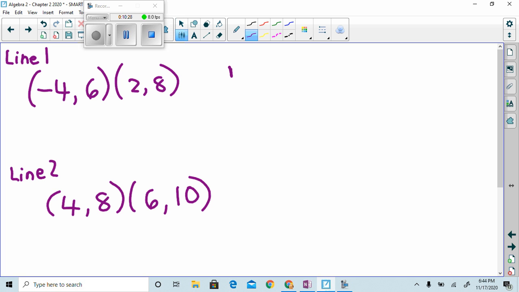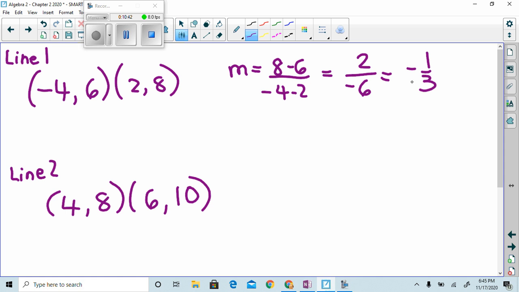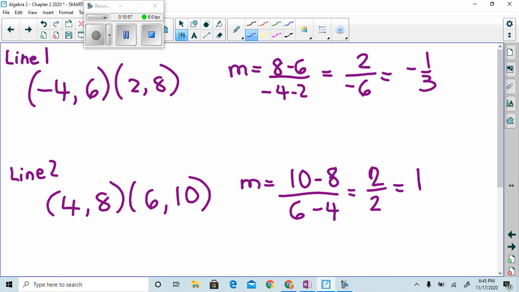Well, we have to go through the whole process here. We have to first calculate slope. This will give me 2 over -6, which is -1/3. In my second line, I have 10 minus 8 and 6 minus 4, which gives me 2 over 2, which is equal to 1.